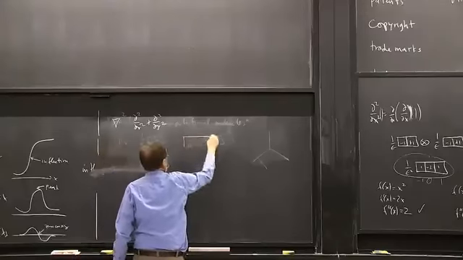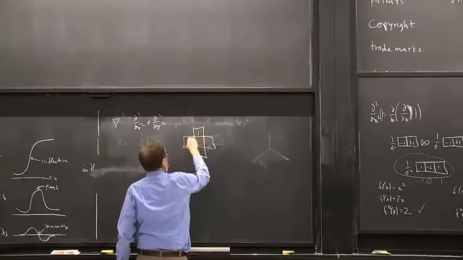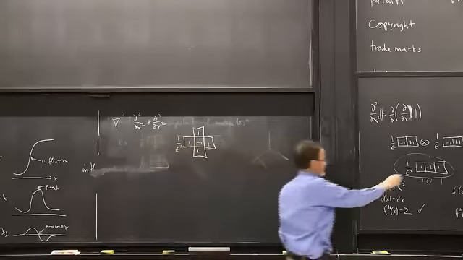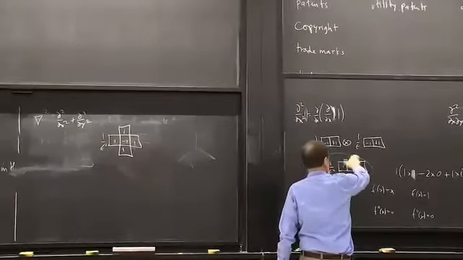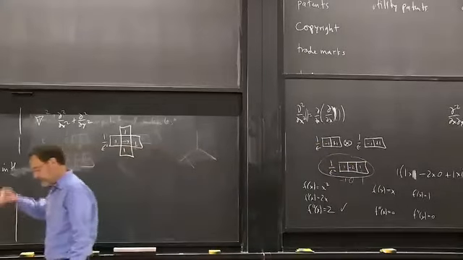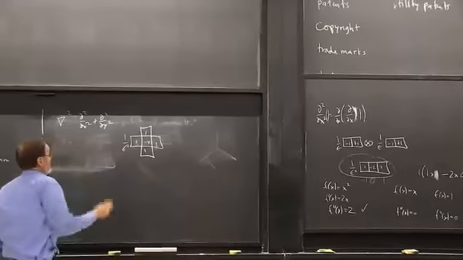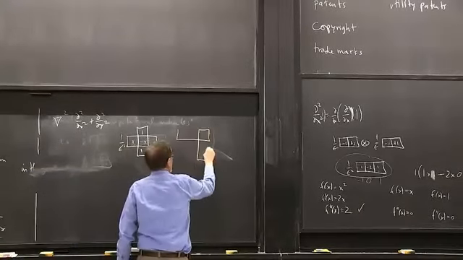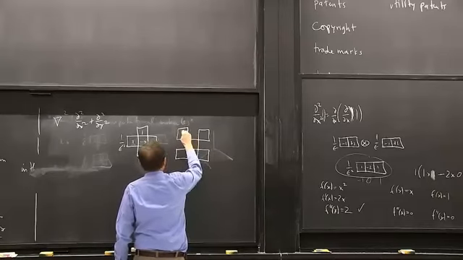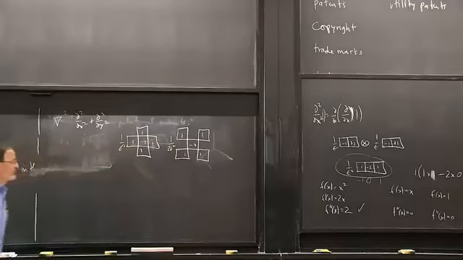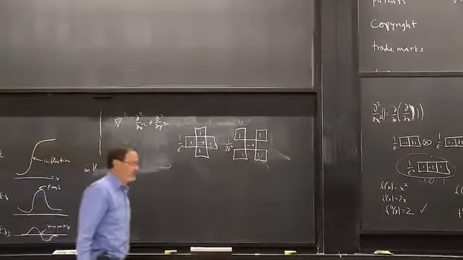So that's just this thing plus the same thing rotated 90 degrees. And that's one way of writing the Laplacian. That turns out to also be a good approximation to the Laplacian.